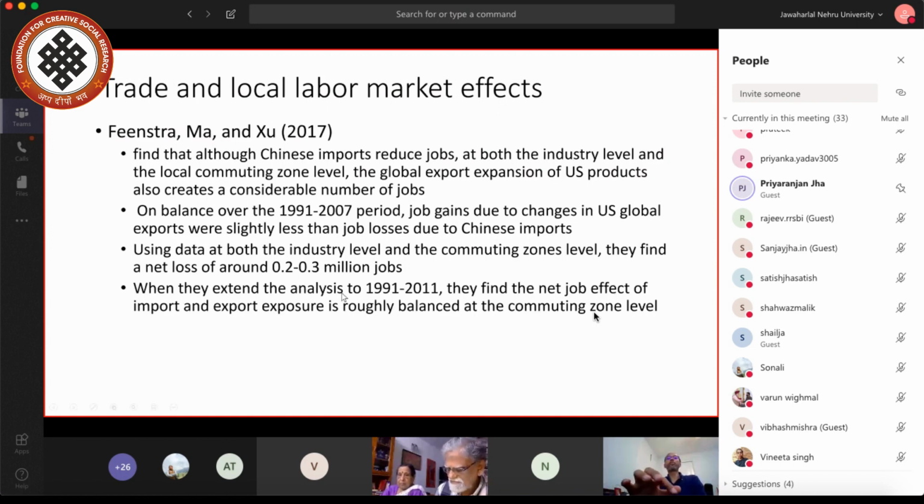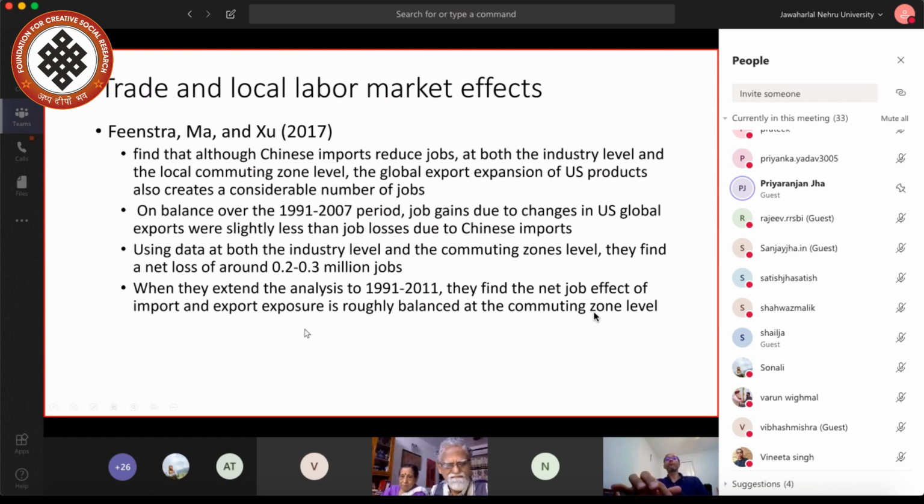And they find that overall, you have 0.2 to 0.3 million job losses, so 200,000 to 300,000. Again, these numbers sound kind of insignificant, not worth our attention at a time where the US economy is losing like 3 to 4 million jobs a week for the last 6-7 weeks.